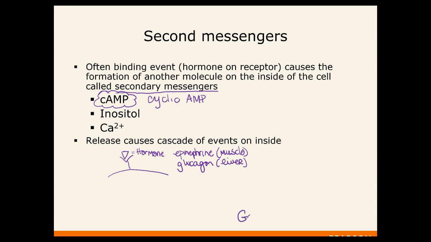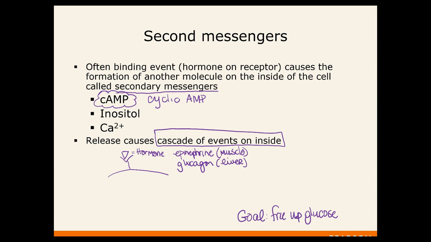The ultimate goal is to free up glucose. That binding event is going to create a cascade of events on the inside.